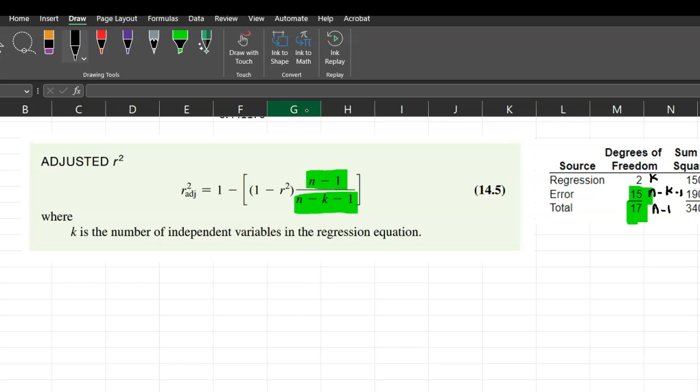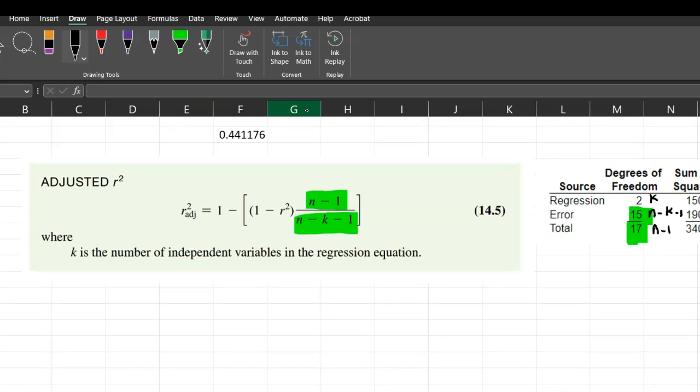So if I'm going to use this, I have already calculated the r squared, so I just have to plug it into the formula. This is going to be equal sign 1 minus parentheses again 1 minus 0.4412 multiplied by 17 divided by 15 and close the parentheses again.